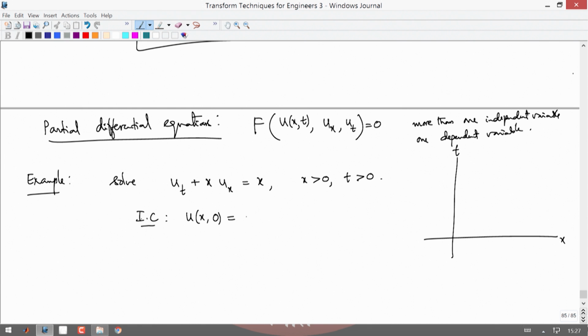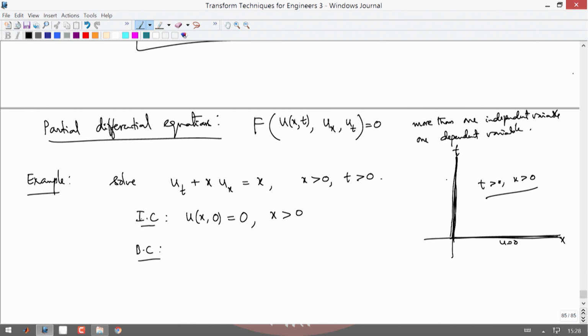Let me use 0. And boundary condition means at x equal to 0, x is the spatial domain, along this line. So, you have a quarter plane, t positive x positive, and on this line t equal to 0, u is 0.